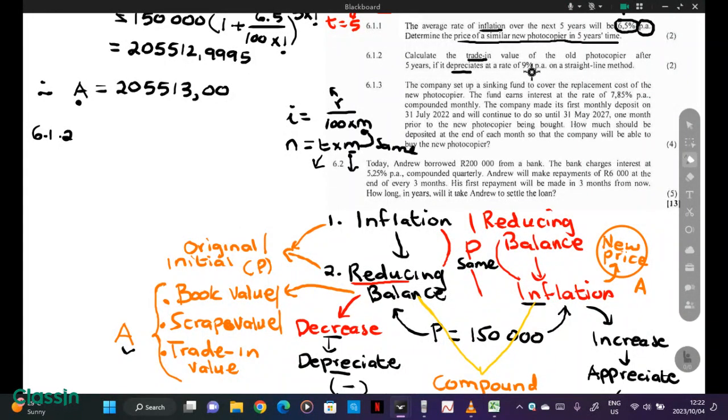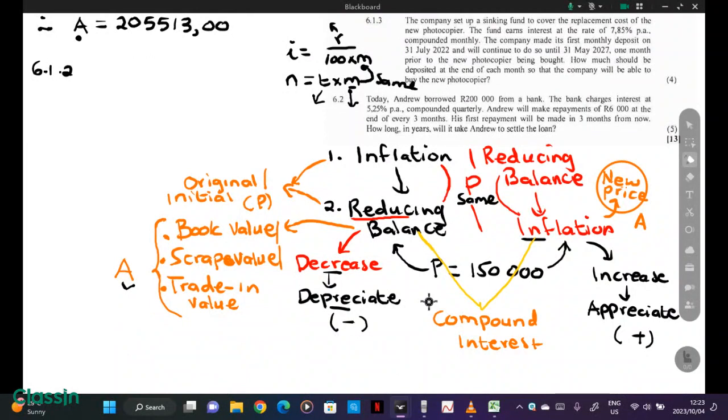So a new rate here, and once we evaluate this new rate, we are going to check which method we are going to use. We are going to use a straight line method. A straight line method, like I mentioned earlier, there is compound interest and also simple interest.